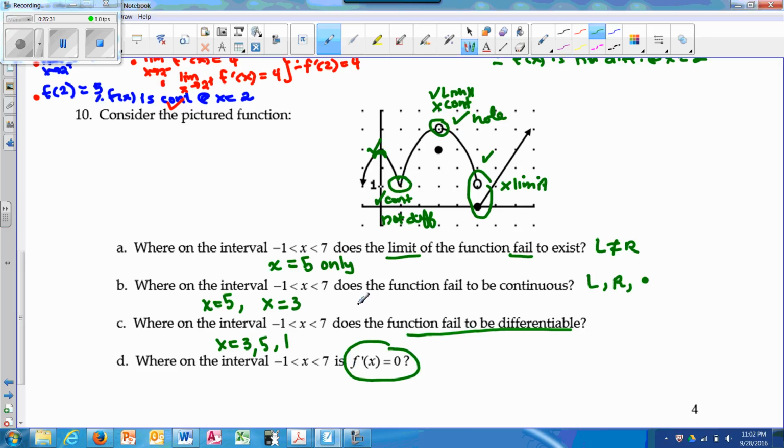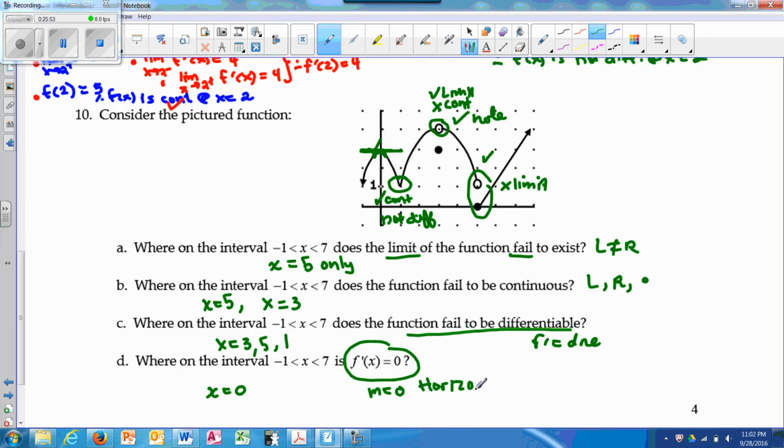Fail to be differentiable automatically anywhere that we're discontinuous. So we had to include both of the discontinuities. Then we have to scan across. We do have a smooth turn, it appears here. So that one works, but we can't have here.